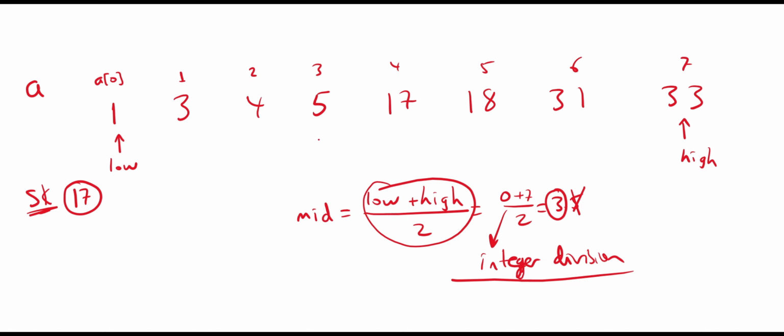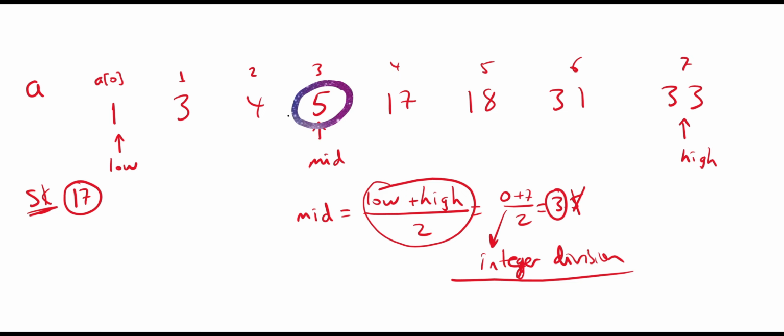Mid is 3 means mid includes the index number of the mid element in the array. Actually, 3.5 is the mid, but we don't have any element with a fractional part, so we did integer division and we assume that this is the mid element of this array. That's why mid is equal to 3.